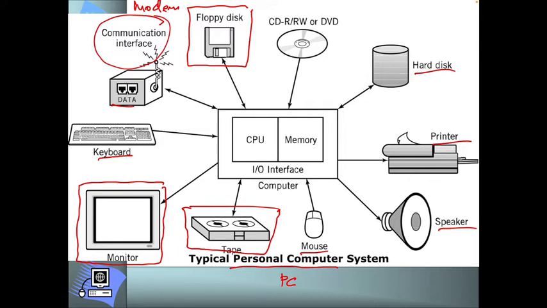And then we have CD-R, CD writers, CD read-write, or also DVD. So this is what we can have in personal computers, and maybe right now it's more than what we have here.